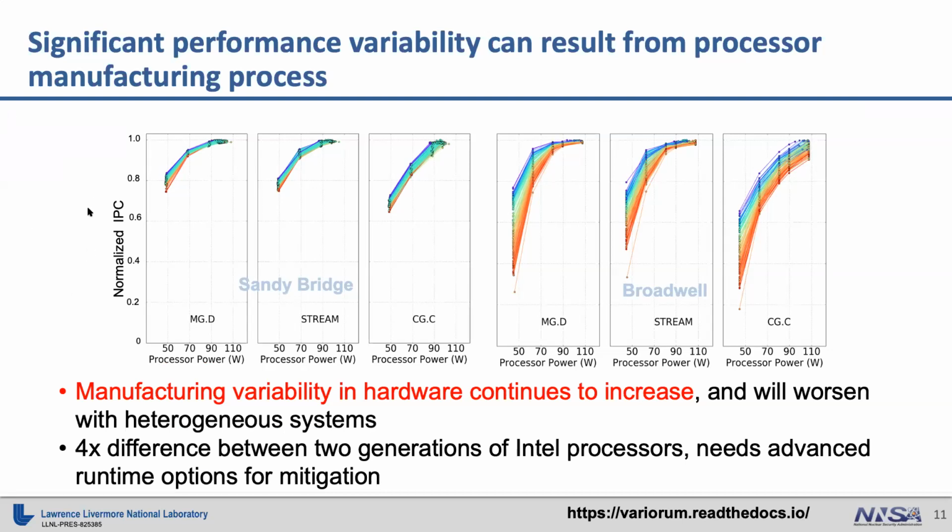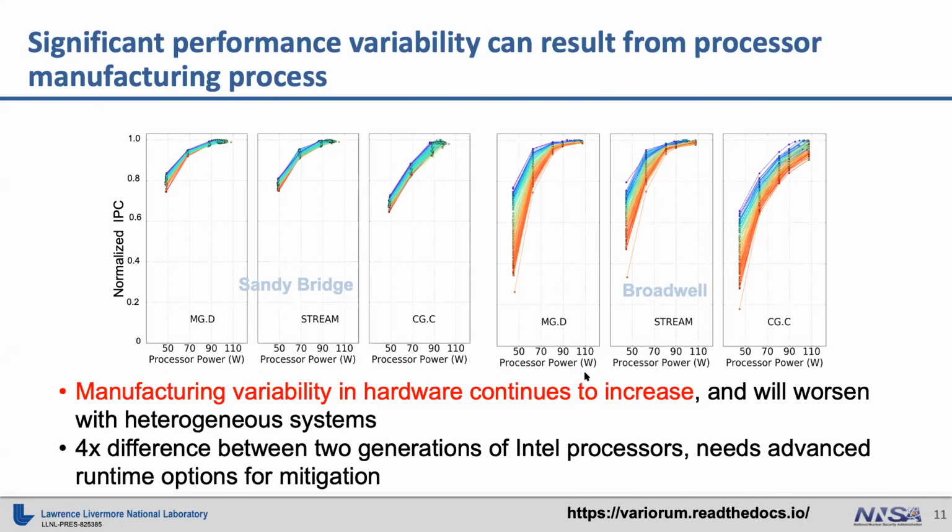The y-axis here is normalized IPC, which is instructions per cycle, and the x-axis is processor power in watts. Again, the way to read each of these charts is to go from right to left on the x-axis, so you can see how applications slow down when you change the power caps. And we are showing two different architectures here: the Intel Sandy Bridge and Intel Broadwell.